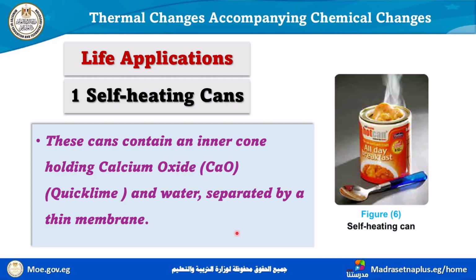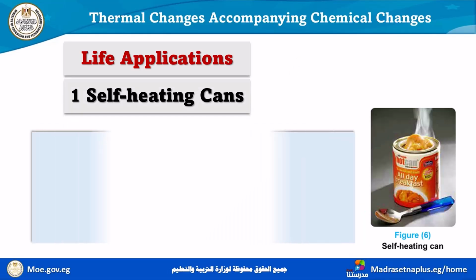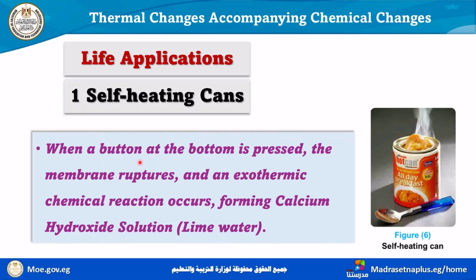What will happen if we want to heat up the food inside the can? When the bottom of the can is pressed, the membrane ruptures and an exothermic chemical reaction occurs, forming calcium hydroxide solution, which is the lime water.